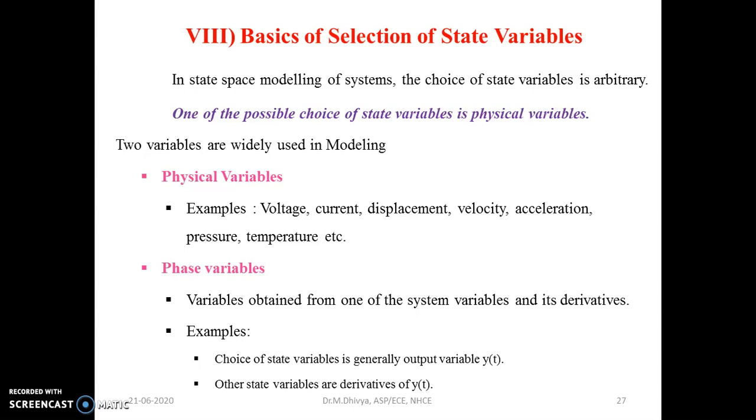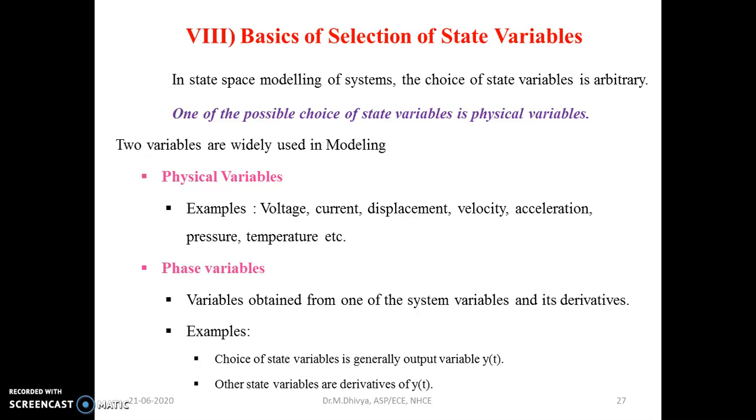The examples of physical variables are voltage, current, displacement, velocity, acceleration, pressure, temperature. Phase variables are variables obtained from one of the system variables and its derivatives.